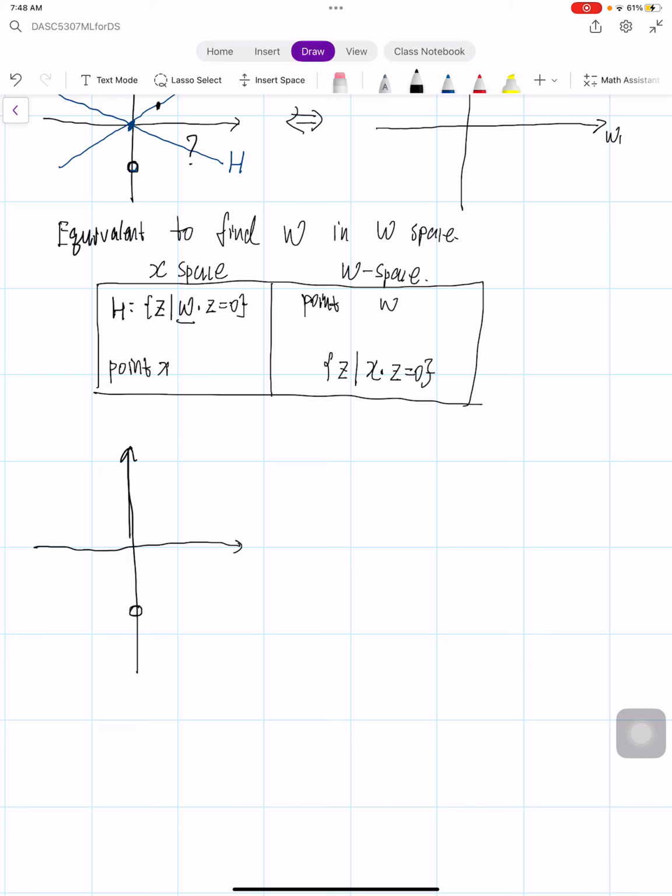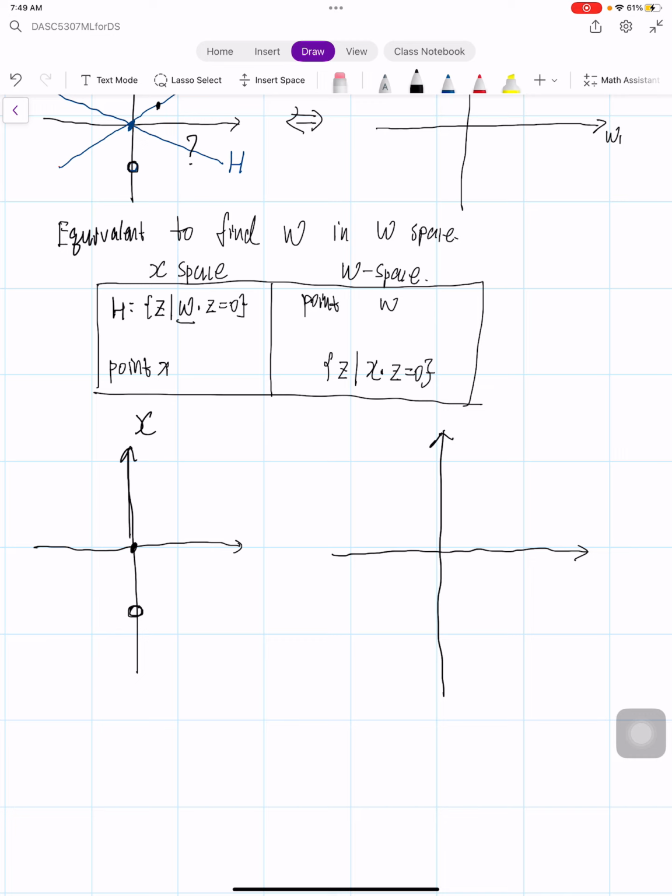Suppose there is a point here in x space. The question is, what omega vector can correctly classify the points here?